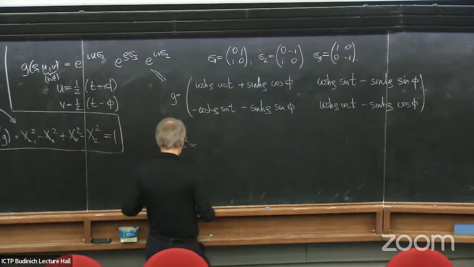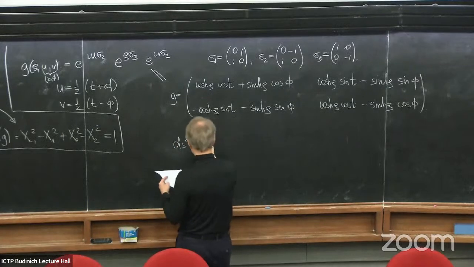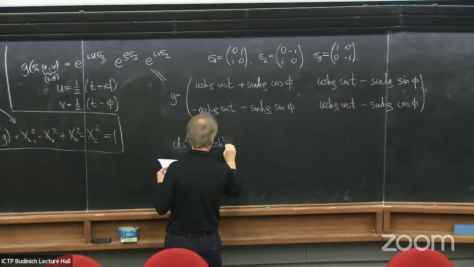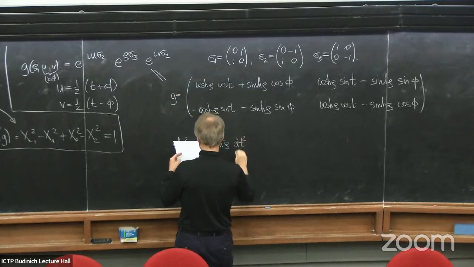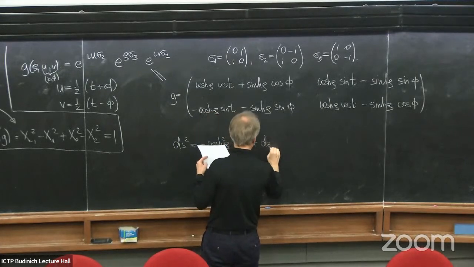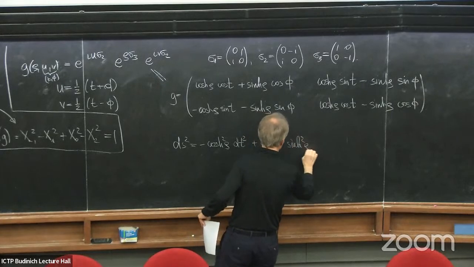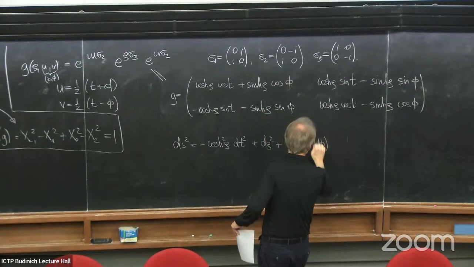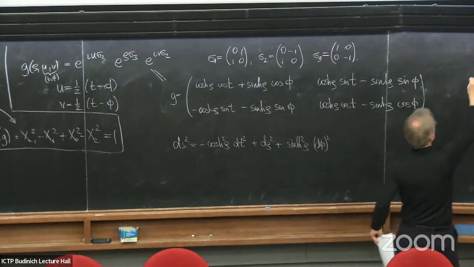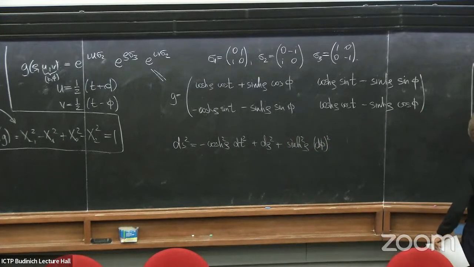U and V and t and phi are used interchangeably, and then the metric is, so that you have a sense of what this is, cos squared rho dt squared plus d rho squared plus sin squared rho d phi squared. And what this describes is a cylinder where rho is the radial coordinate of the cylinder.